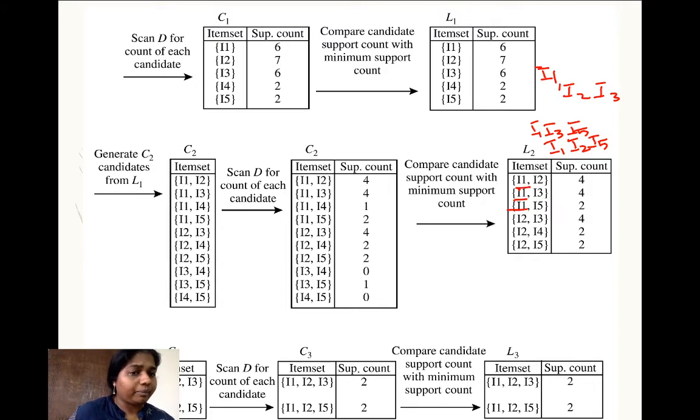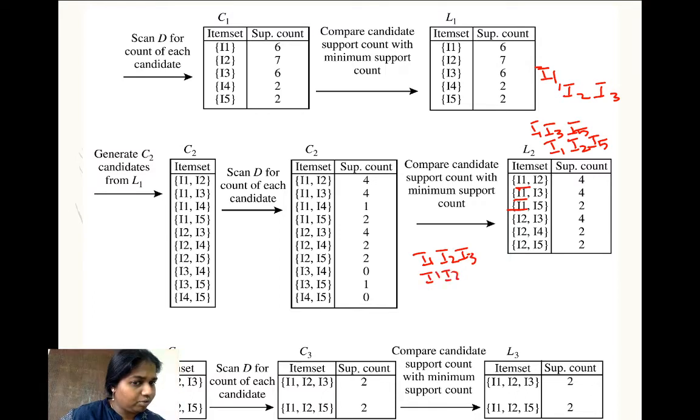Considering this, now are all of these combinations available in L2? I should check for the combination. Take for this example the combination I1, I2, I3. What are its subsets?